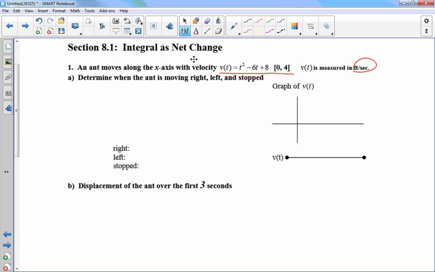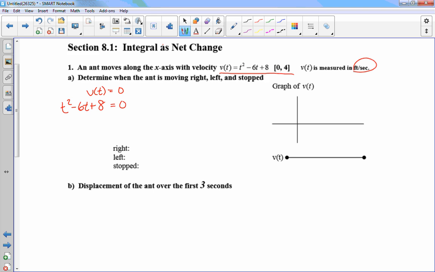So how do we find the x-intercepts with a quadratic? Yep, if it's a nice one, we would take the velocity and set it equal to 0. And the velocity is t squared minus 6t plus 8 equals 0.